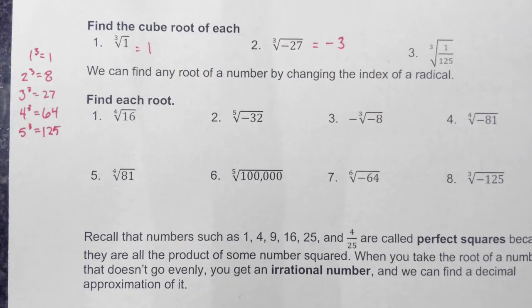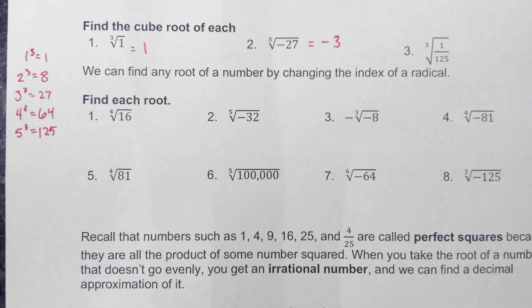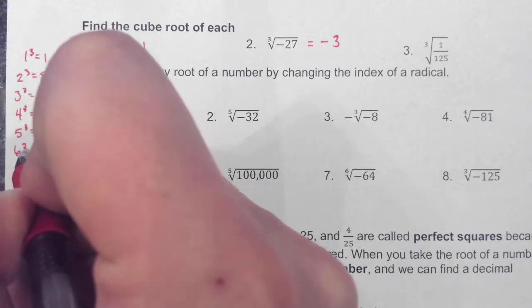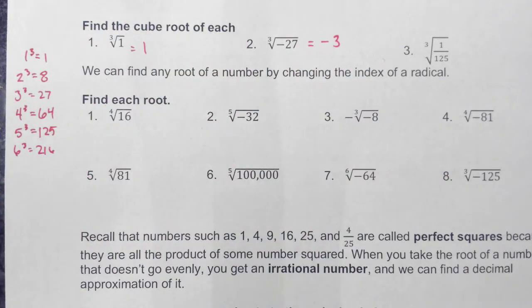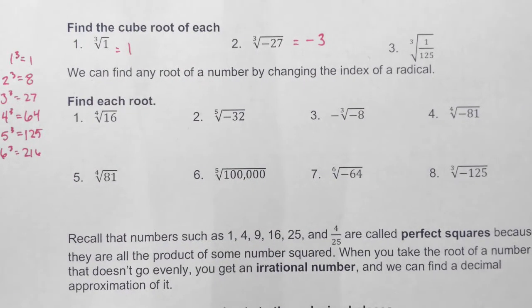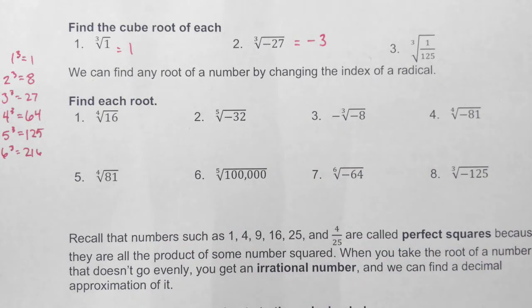That's going to get you a long way if you know those. 6 cubed, what is that, 196? I don't even know. 216. See, I don't even know 6 cubed, but if you know that many, you'll probably get most of the problems you'll ever be asked.